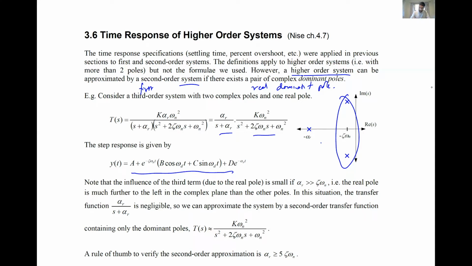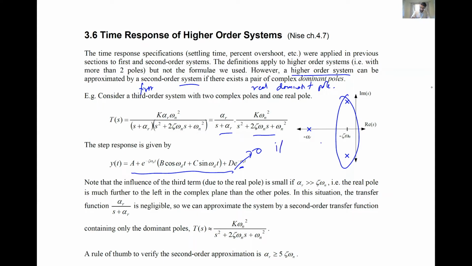You can imagine that as t increases, because the coefficient over here is larger, these terms with the higher magnitude are going to decay to zero much faster compared to the rest of the expression.